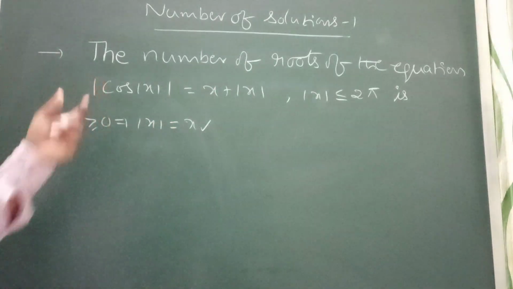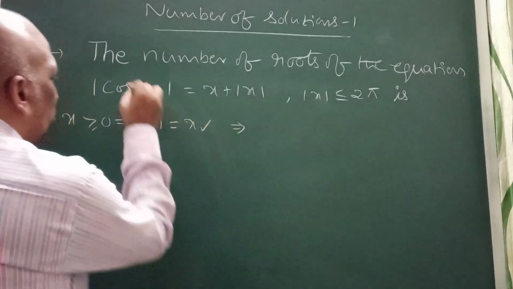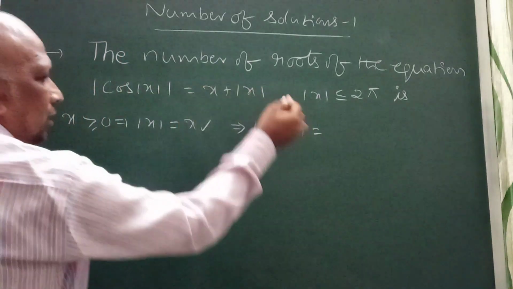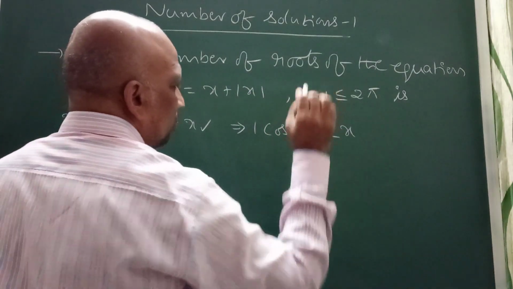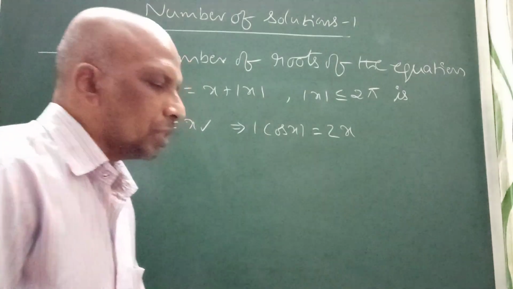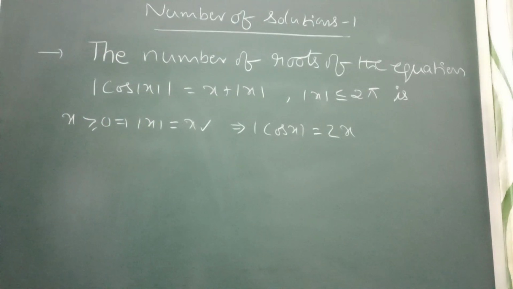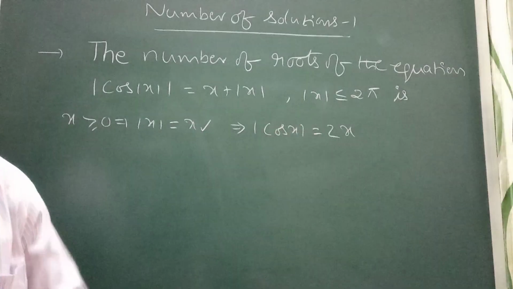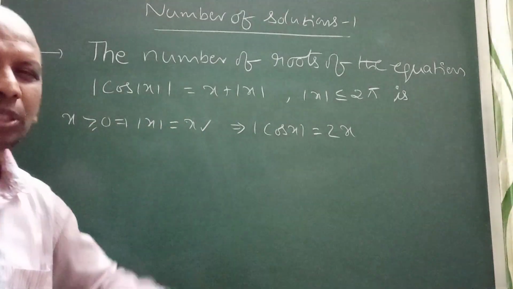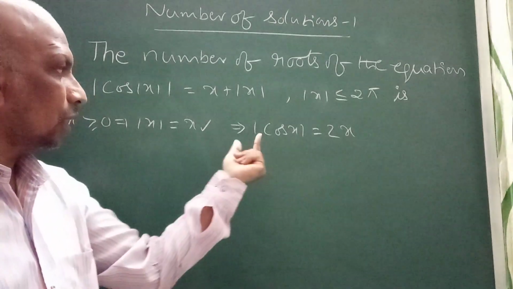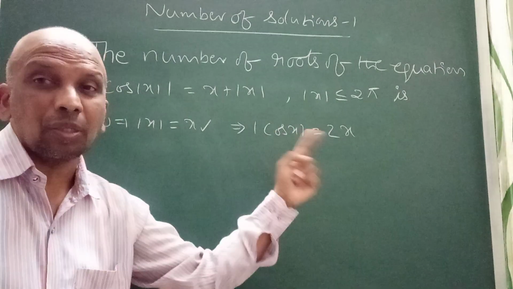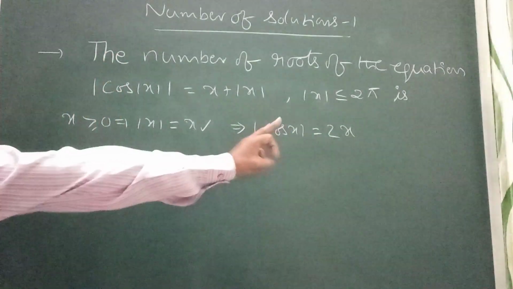In this case, positive means you will get |cos x| = x + x, which is 2x, so |cos x| = 2x. We will see the possibility of |cos x| and 2x, what are the possible solutions of these two. I will explain.